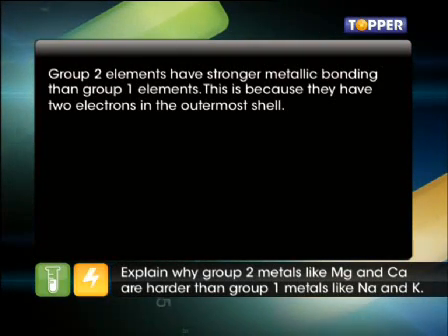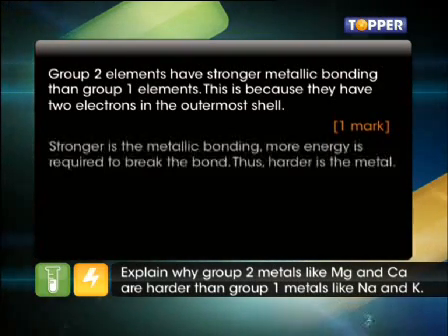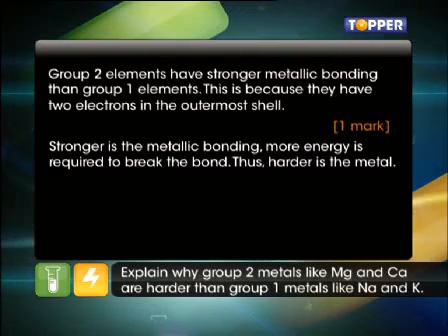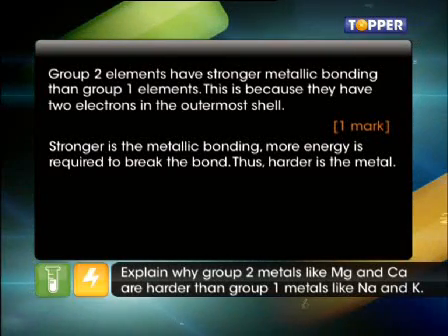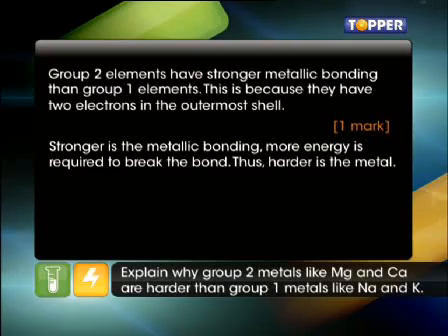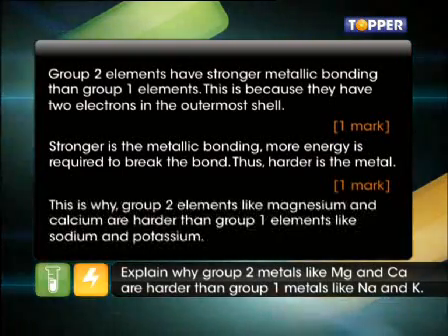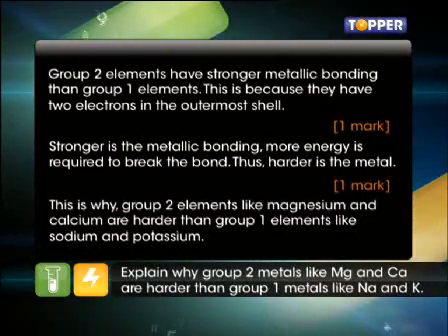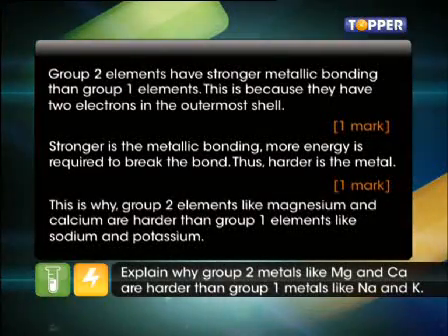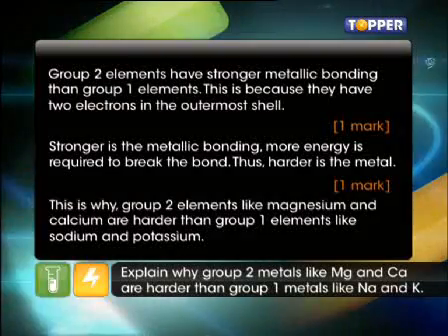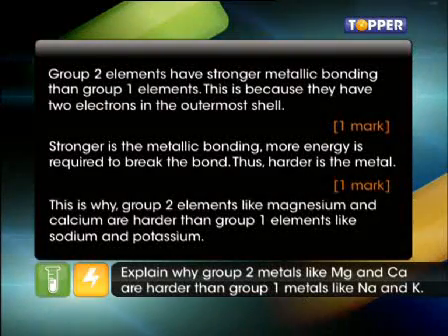This statement will fetch you 1 mark. Stronger is the metallic bonding, more energy is required to break the bond. Thus, harder is the metal. This will fetch you another 1 mark. This is why group 2 elements like magnesium and calcium are harder than group 1 elements like sodium and potassium.